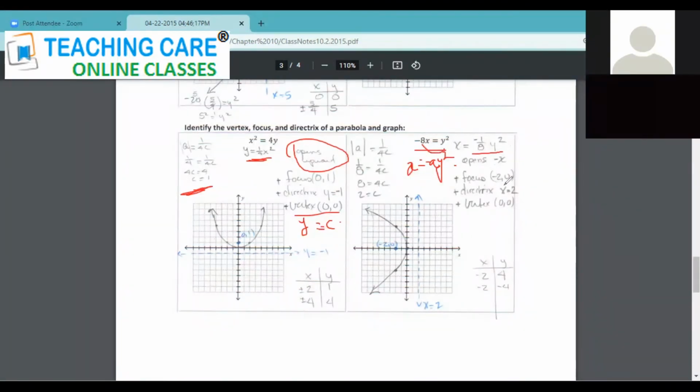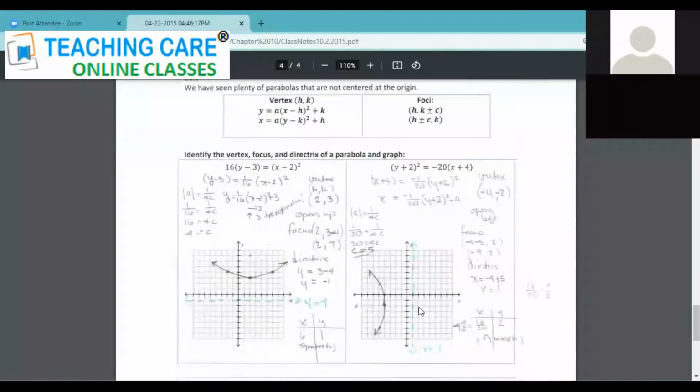Focus will be (-2, 0) because (-c, 0) will be your focus, correct? And your directrix will be x equal to c. The c value we have got is 2, that we are substituting, and the vertex is (0, 0). Understood? Got it? Let's practice some problems, then we can go to the next one.